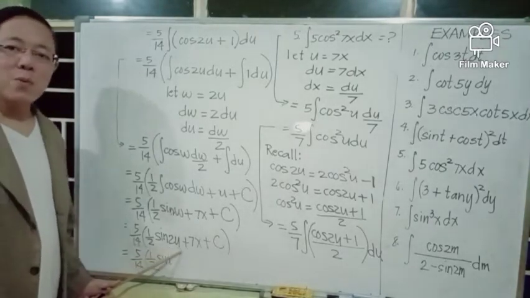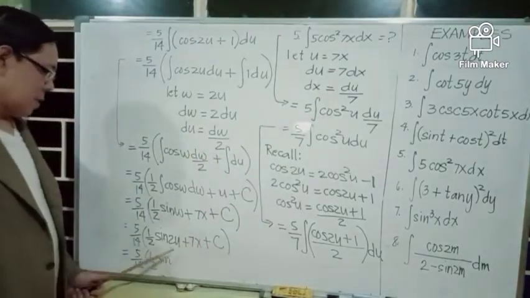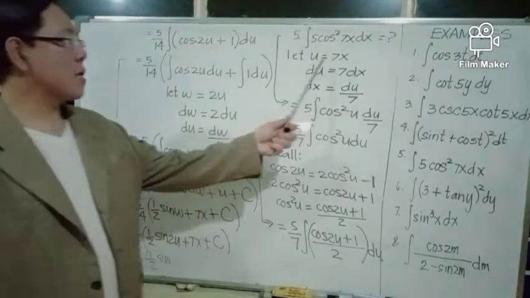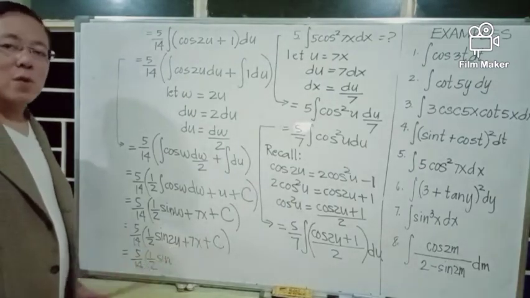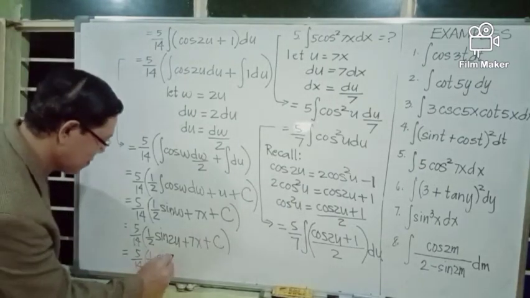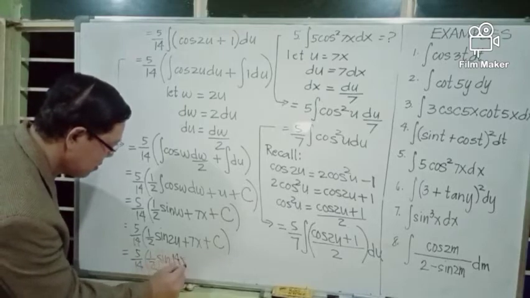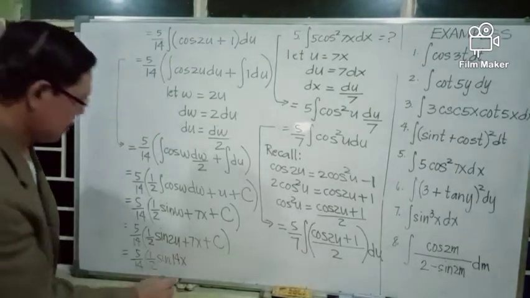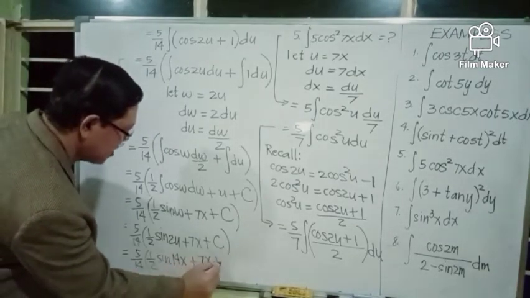We replace u with 7x. 2 times u, where u is 7x, multiplied by 2 is 14x. Sine of 14x plus 7x plus C.